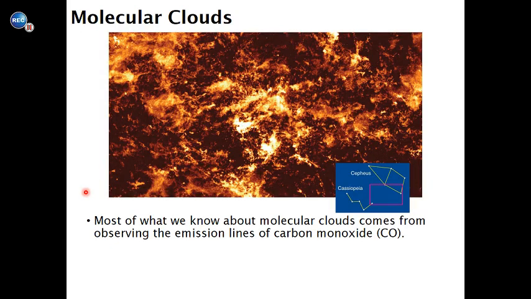Most of our understanding of molecular clouds oddly comes from carbon monoxide in the cloud. The emission lines from it tell us something about how the cloud ends up forming stars.